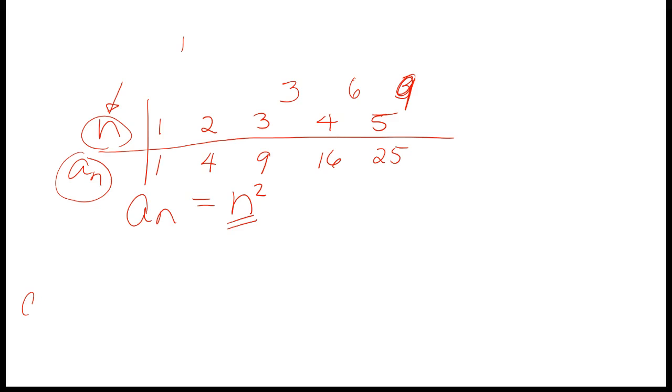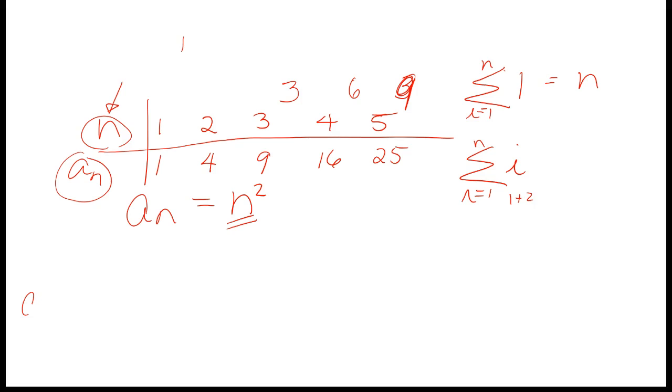Now, on your equation sheet, too, you do have some equations where you can find the sum from i equals 1 to n of 1, which gives you a formula. From i equals 1 to n of i, here I'm adding 1 plus 2 plus 3 and so on.